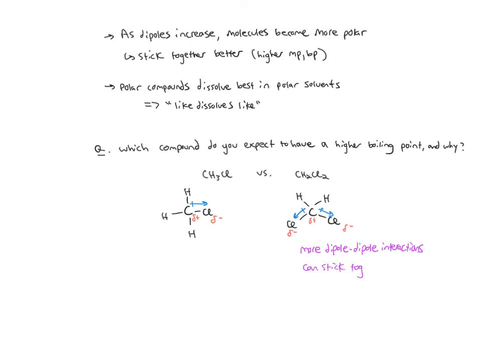That's going to mean that the molecules can stick to one another easier and better because of the dipoles that we have, and so that's going to make them harder to separate, and so we're going to have a higher boiling point for this particular compound over here.